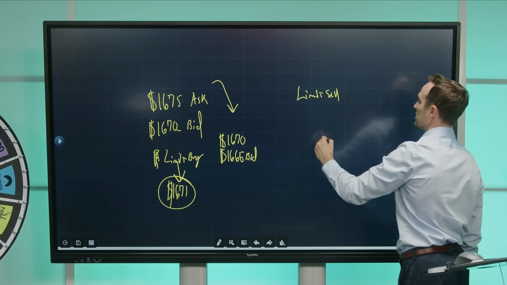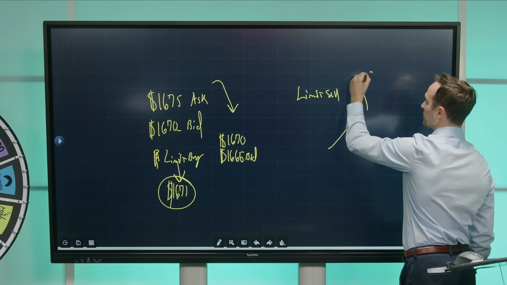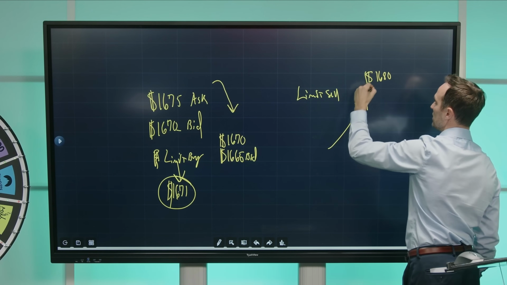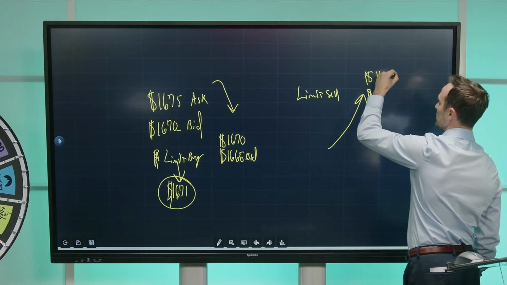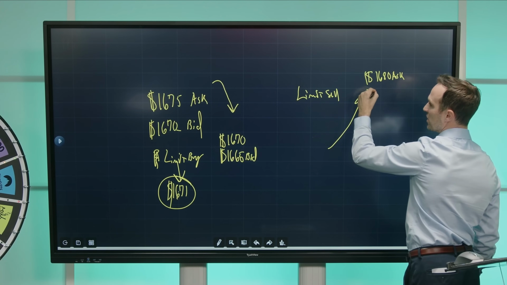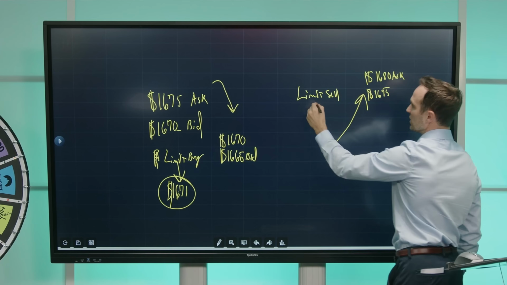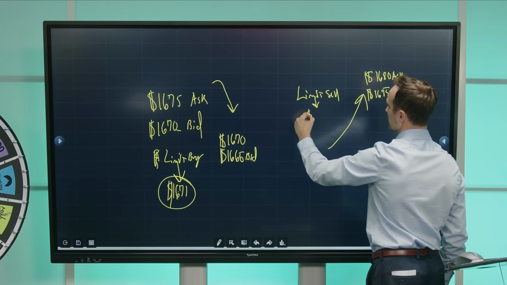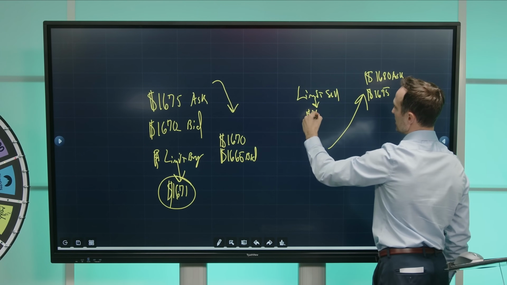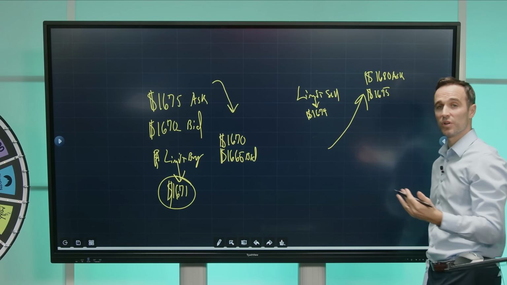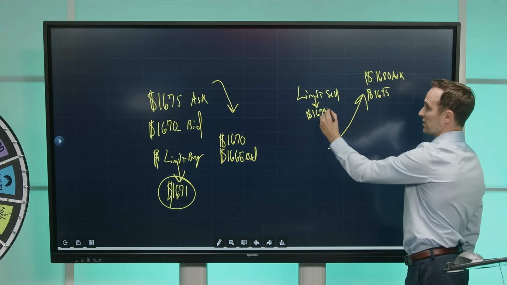But now the stock price goes up, and now the ask is $16.80 and the bid is $16.75, and you put a limit sell at $16.74. You got filled on the short side in this case, right?